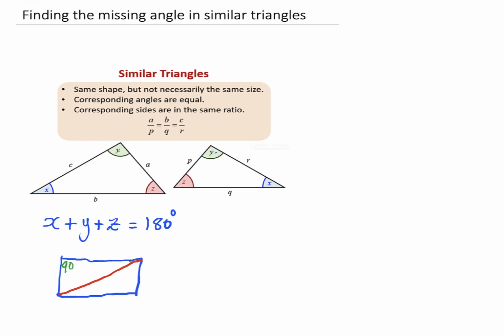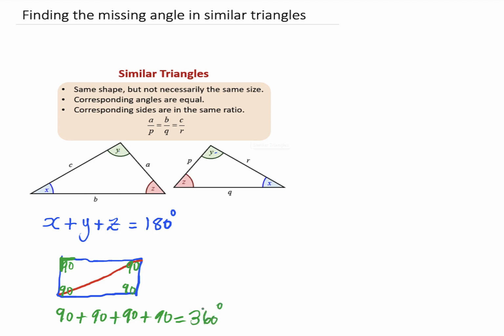So this is 90, and over here is also 90. Down here is 90, and here's 90. Because they're making these corners right here. That's 90 degrees. So in a rectangle, if we sum all the angles, where we're adding 90 four times, that would give me a value of 360 degrees.